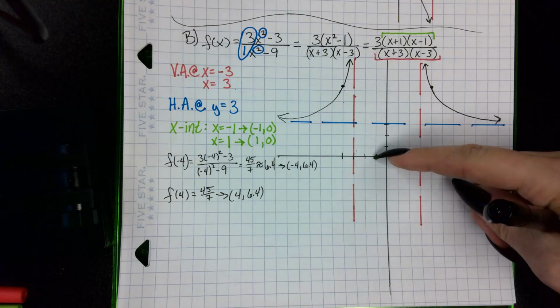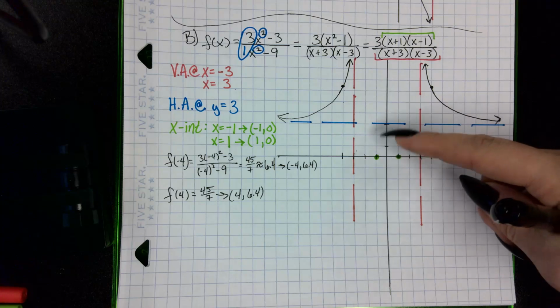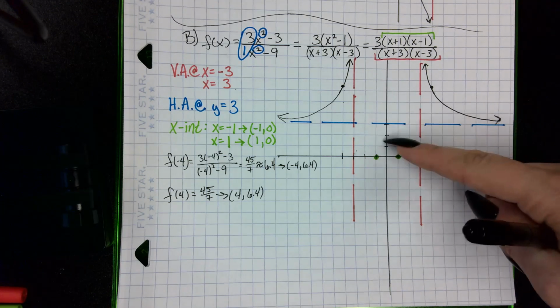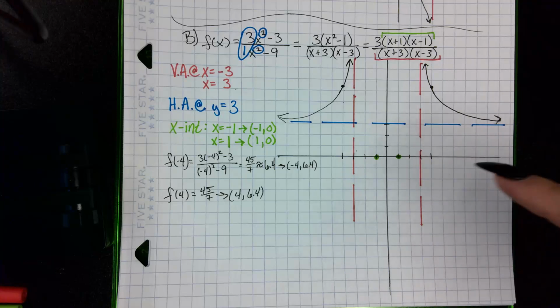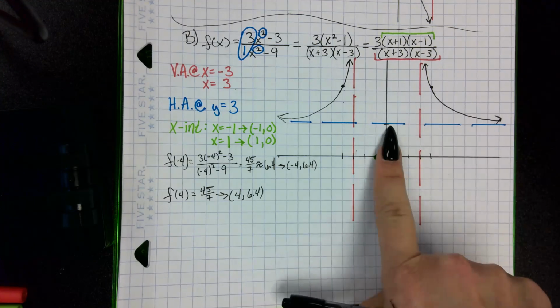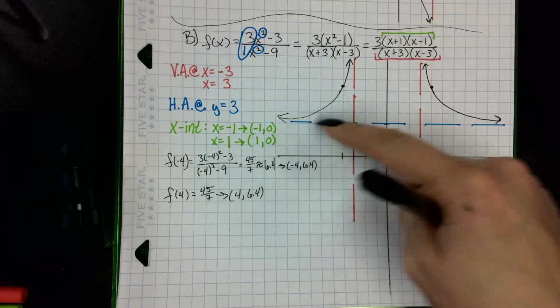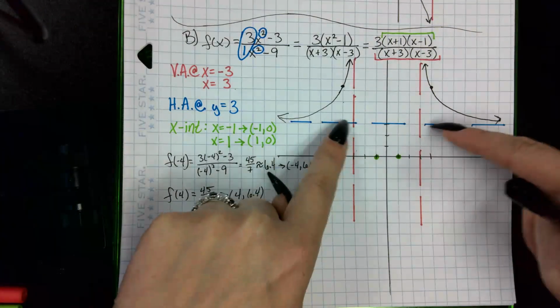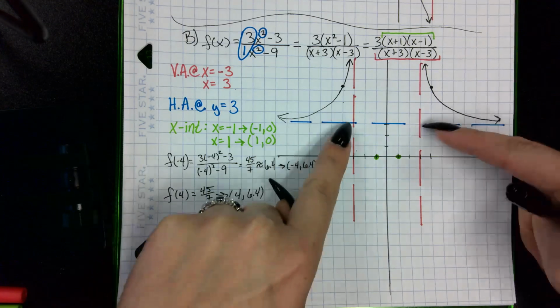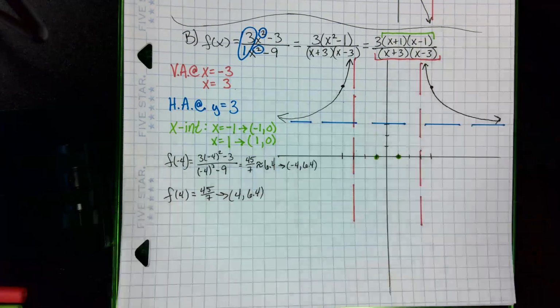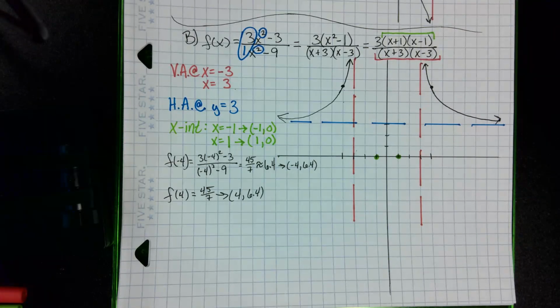So I don't know if it's going like that or this way. I'm going to have to test in here to see what's going on. But it's okay. Your graph can touch and cross a horizontal asymptote if it's between two vertical asymptotes, because the horizontal asymptote only applies to the end behaviors, the outsides. That's why I did those first. And then the middle part's just kind of its own thing.